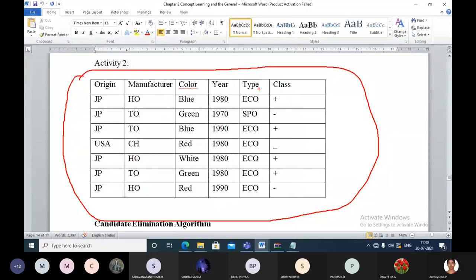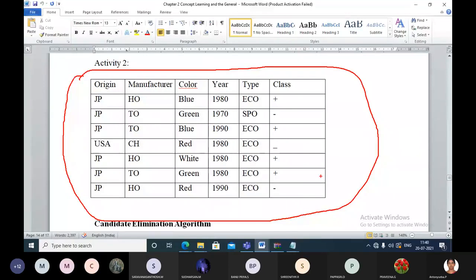Then type, where ECO stands for economic and SPO stands for sports. And these are your class labels: 1, 2, 3, 4. You have only 4 positive instances, and the rest are negative instances.